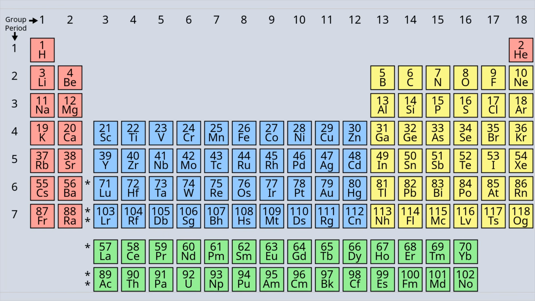As I said, Mendeleev created the periodic table by organizing elements according to their atomic numbers. For example, hydrogen has 1 proton, so its atomic number is 1. Sodium has 11 protons, so its atomic number is 11. Helium has 2 protons, so its atomic number is 2.